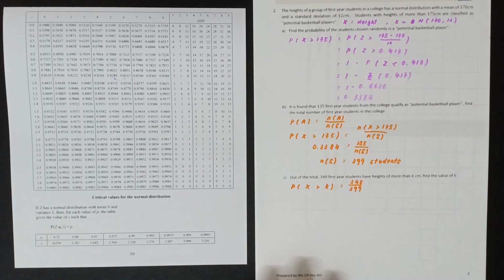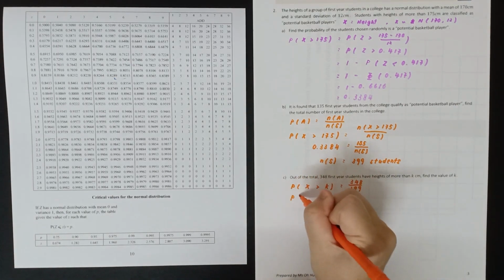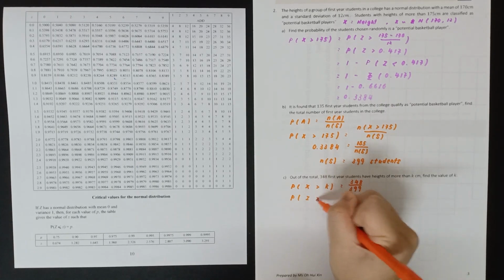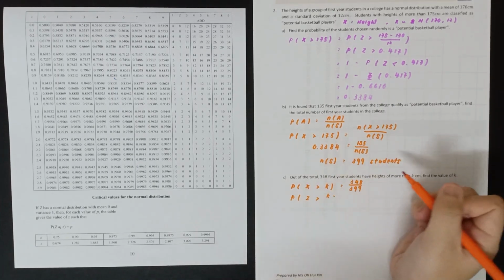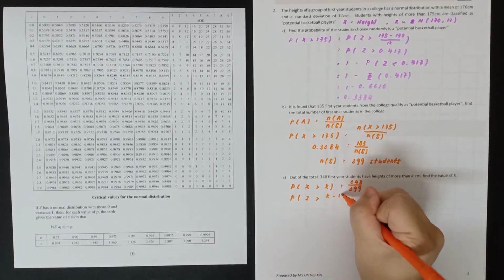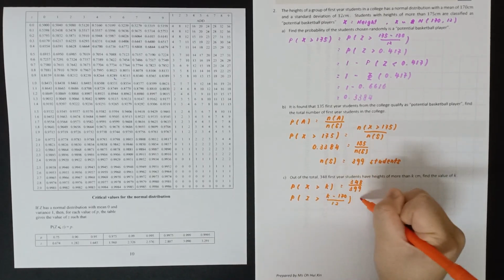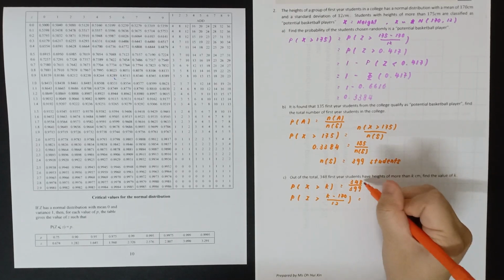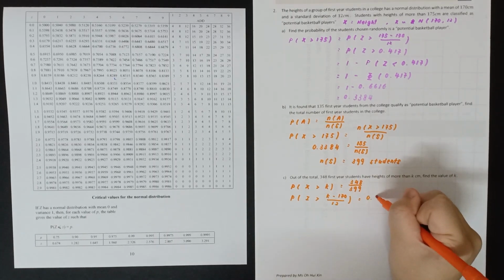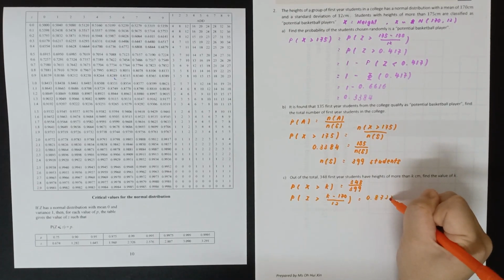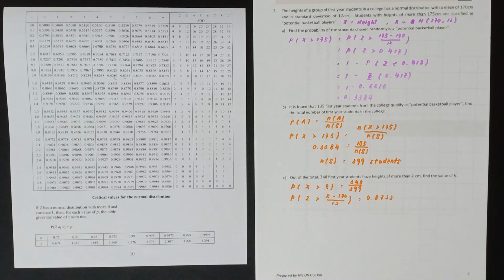Then I do the same thing, standardize my x. So probability for z greater than k minus my mean, 170, divided by standard deviation 12. It will give me my answer, 0.8722. Is that alright?